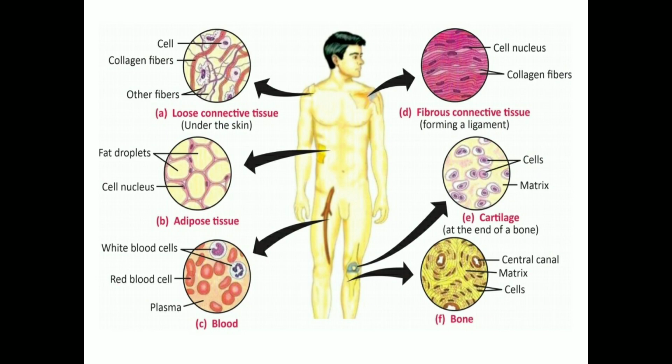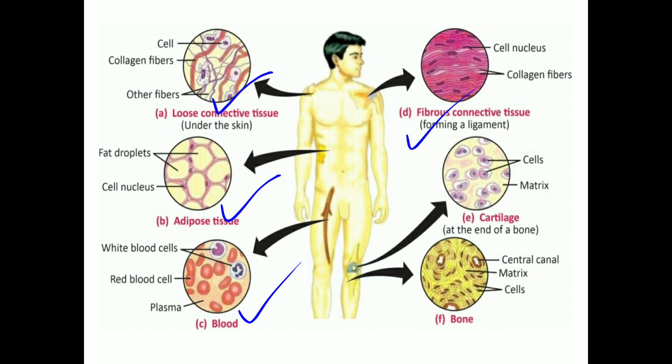So here is the list of different types of connective tissue. Here you can see loose connective tissue, as seen under the skin, and adipose tissue, which is the fat tissue. Blood is a fluid connective tissue which transports substances.